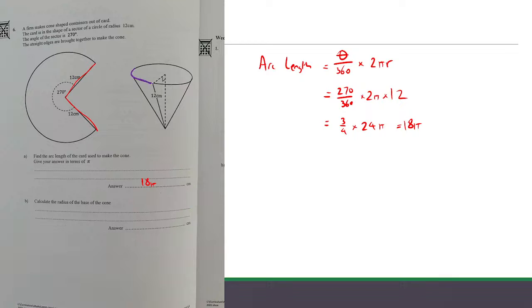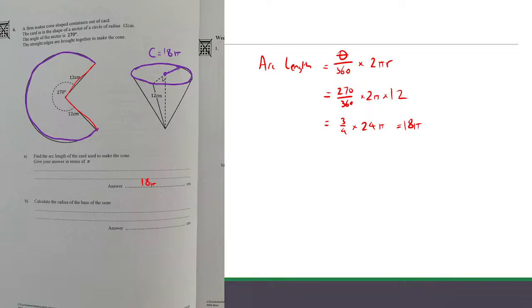The circumference here, which I've done in purple, is made up of this edge here. So we know that the circumference here is equal to 18 pi. So circumference equals 18 pi, and the question is find the radius. What is the radius of the base of the cone?